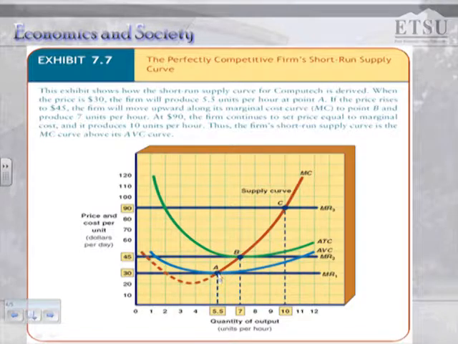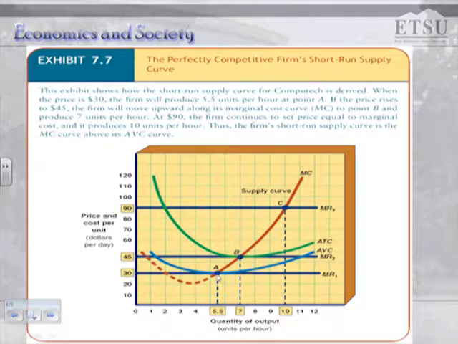This minimum average variable cost is, for this firm, $30, where these two curves intersect. That means that this firm will continue to produce output in the short run as long as the market price is $30 or greater.